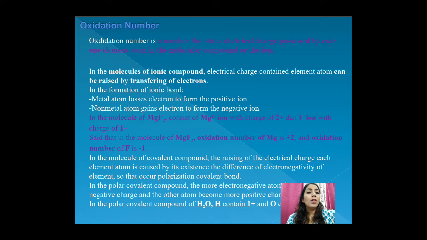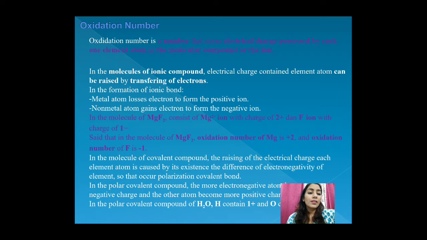Oxidation number is a number that states the electrical charge possessed by each element in a molecular compound or ion. In the formation of an ionic bond, a metal atom loses electrons.